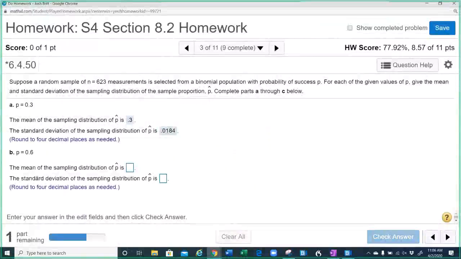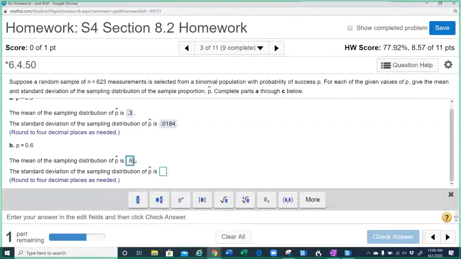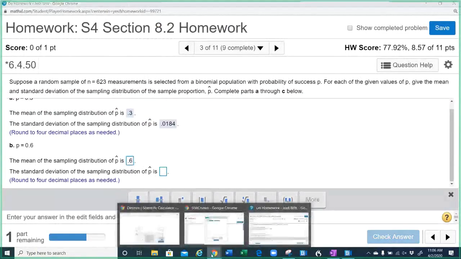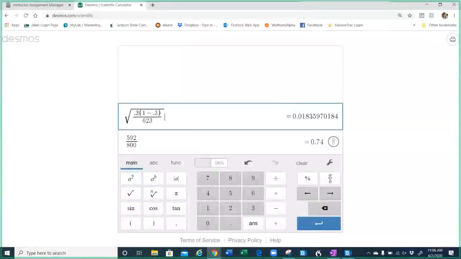Again, same thing here, just change the mean this time. I'll do this one more for you, 0.6, and then we'll change to get the new standard deviation, 0.0196.